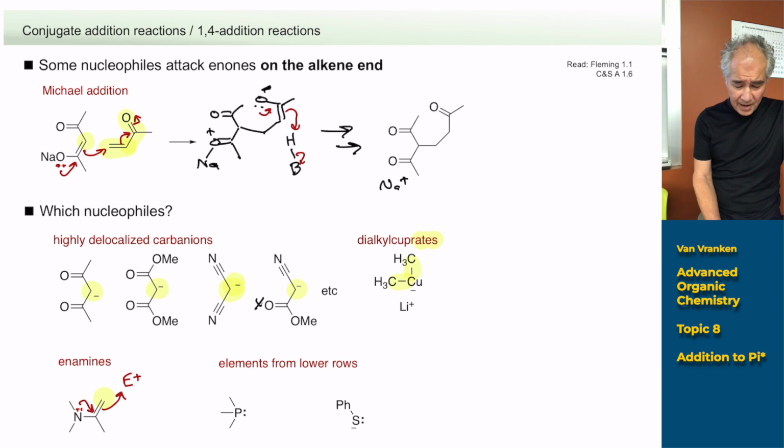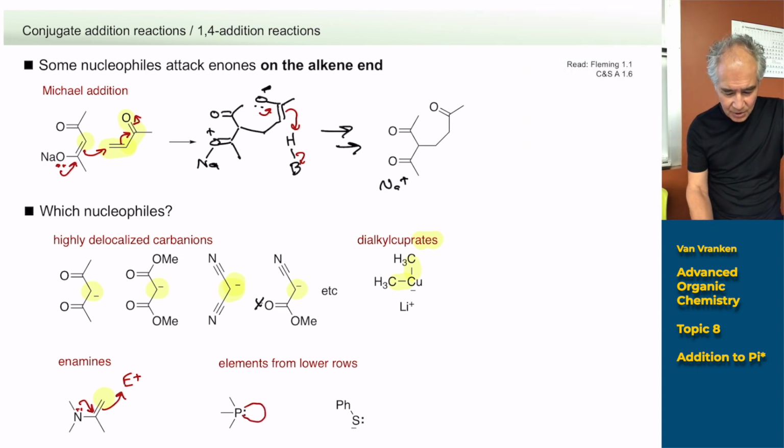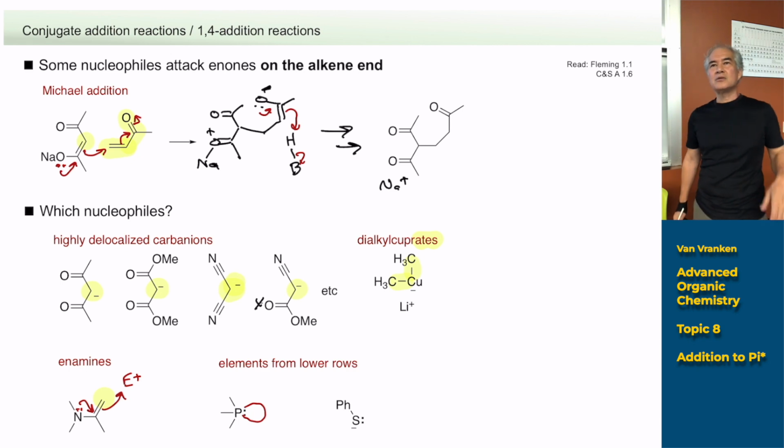There's a couple of other atoms from lower rows that you'll commonly see adding to enones, not to the carbonyl of an enone, but to the end of an enone. And one of them would be this lone pair on phosphorus. Boy, we're down to lower rows. Generally, once you go to lower rows, you're going to tend to attack on this end carbon of an enone, not on the carbonyl. So selenium, sulfur, phosphorus, lower rows, big orbitals.